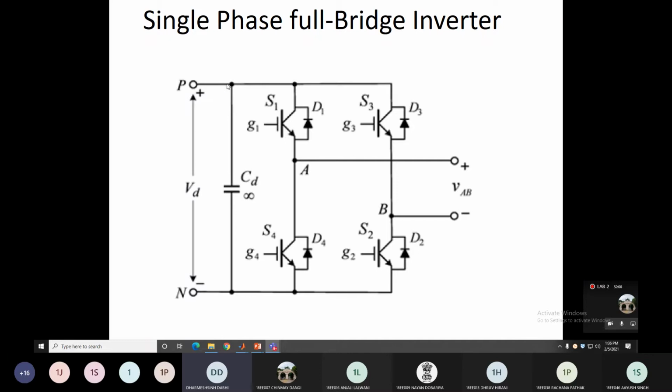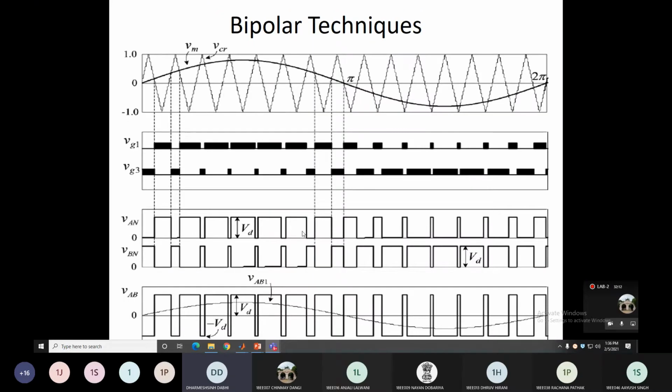Current starts from positive through S3, so this positive comes at the B point, and through S4 it is connected with the negative terminal. Clear? So you can see that VBN is also positive. Voltage at point B with respect to neutral is positive.